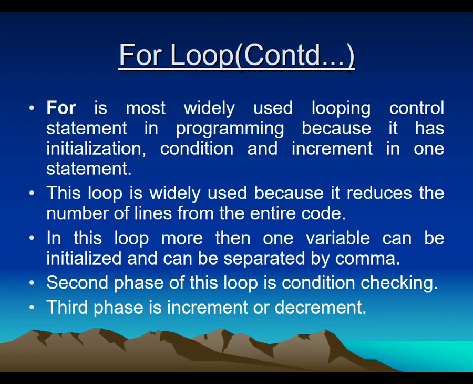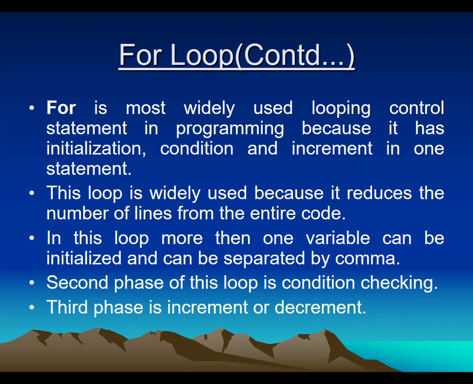If you observe the while and do while statements which we completed in the previous lecture, they contain all these sections, that is the initialization section, the condition section, as well as the increment and decrement section, in separate lines. So this is the benefit of using the for loop: in a single line we can mention initialization, condition, and increment or decrement.